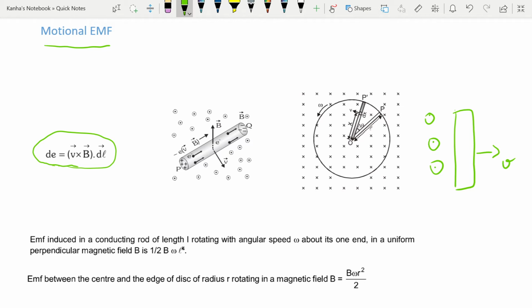So let me just find the force using the cross product. So force is in the downwards direction.